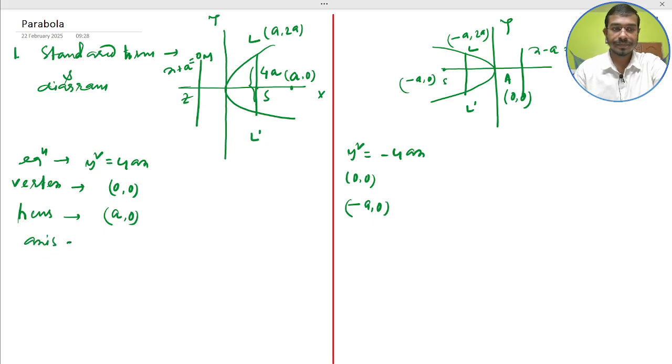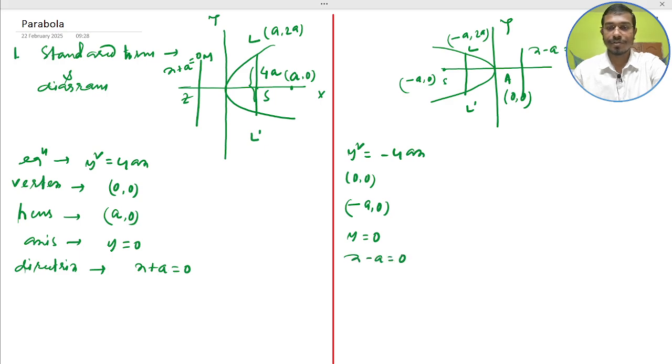Axis, here y equal to 0 and this is also y equal to 0. The directrix, here x plus a equal to 0 and here x minus a equal to 0.